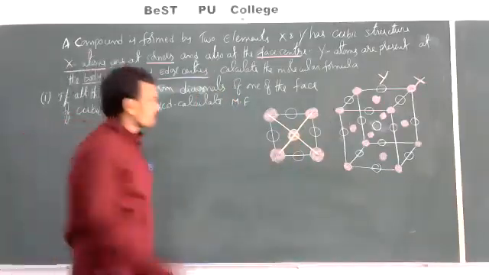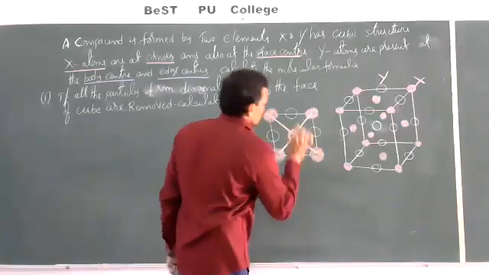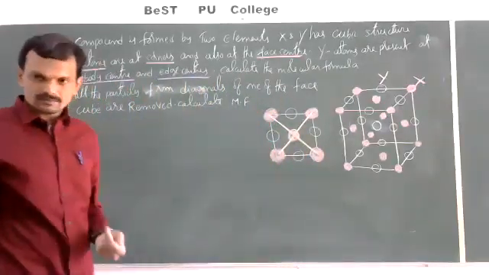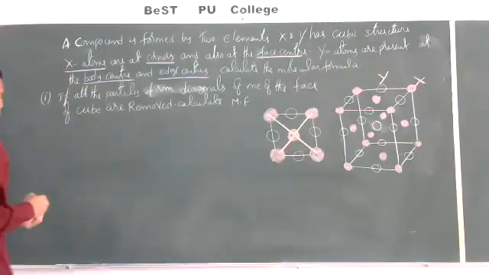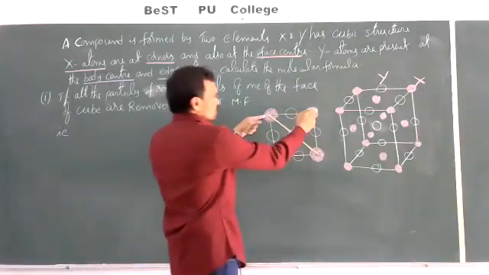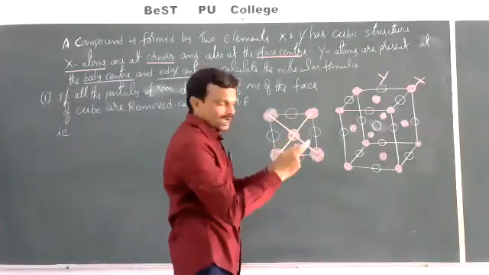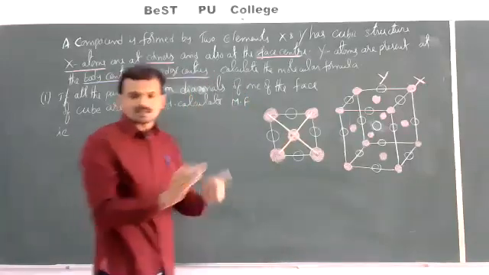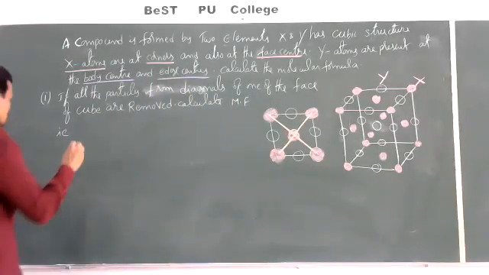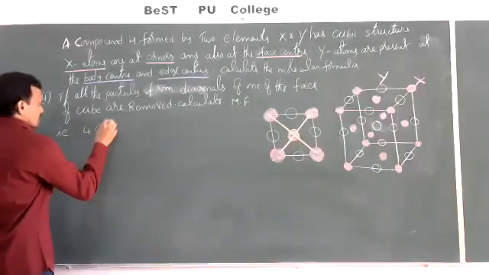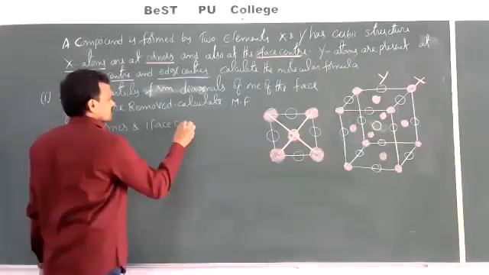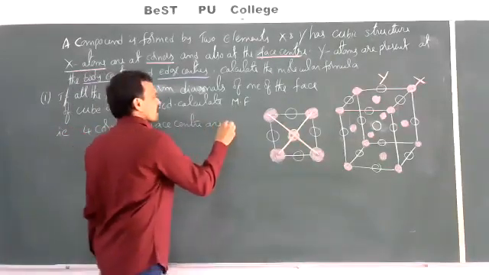So we are removing the particles from the diagonals of one face. That means what is removed? 1, 2, 3, 4. 4 corners and 1 face center are removed.